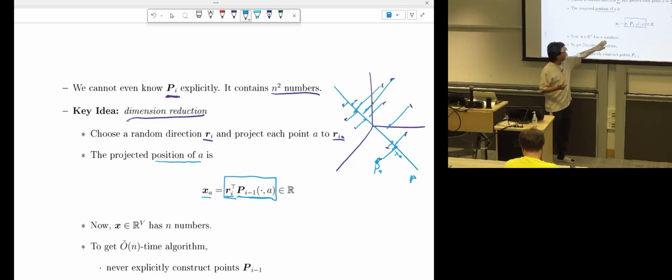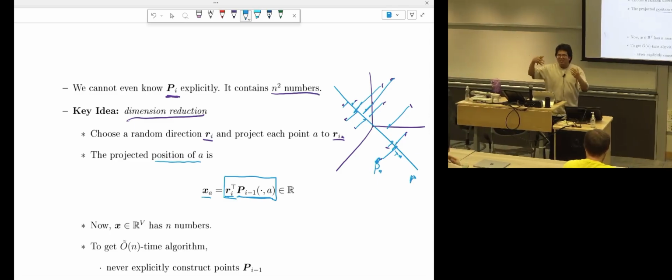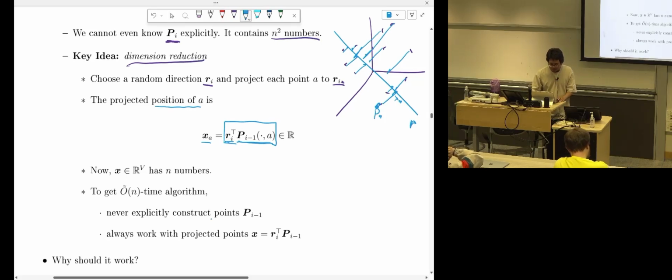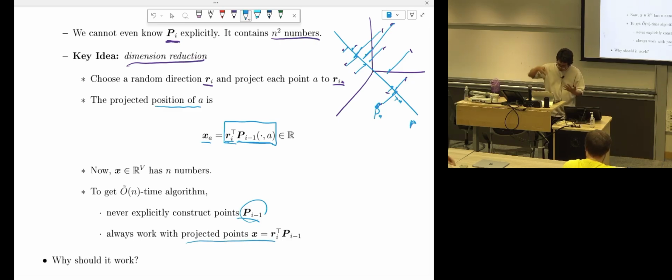So this vector takes just n numbers. So if we hope to work with these projected points, then there are just n numbers instead of n squared. We can hope to make it fast, by never explicitly working with the points in n-dimensional space, but working with the projected points.